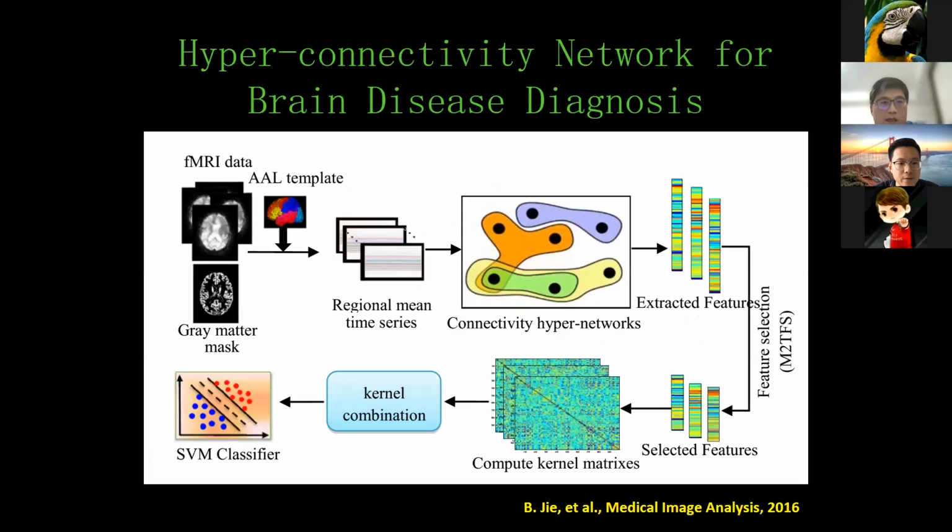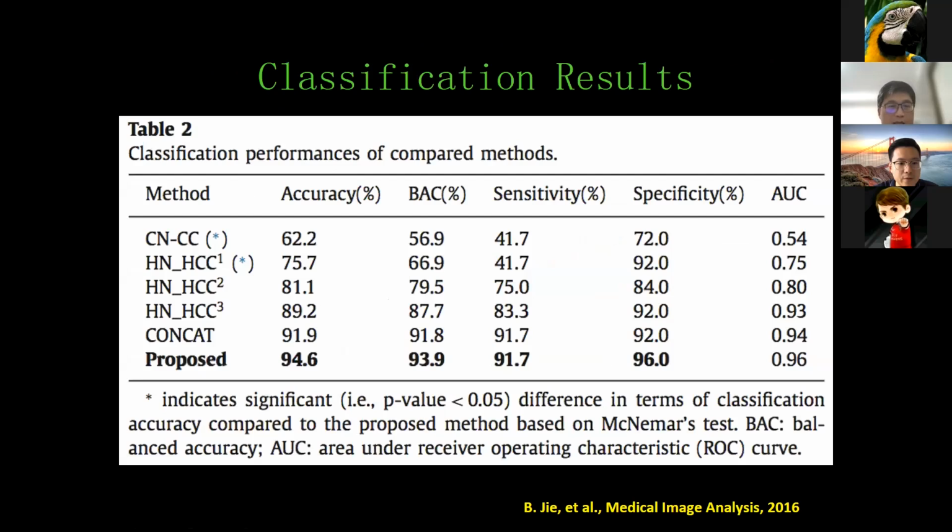Okay, so this is the flowchart for the hypergraph connectivity network for brain disease diagnosis. We first construct the hypergraph connectivity network from the time series, and then we extract features from the hypergraph networks, and then we perform classification on selected features. Okay, and this is the result on MCI classification.